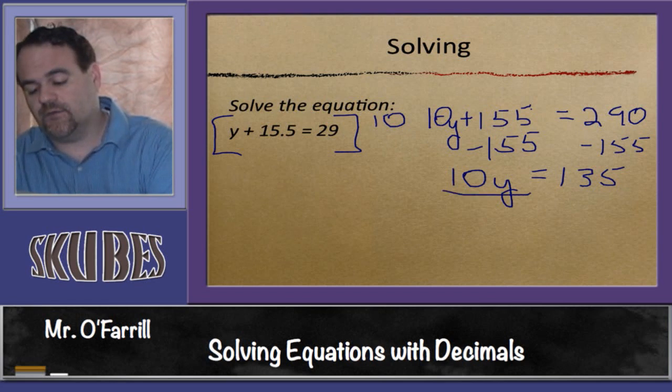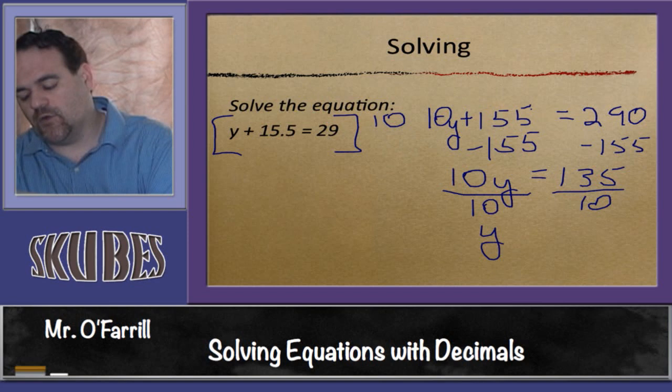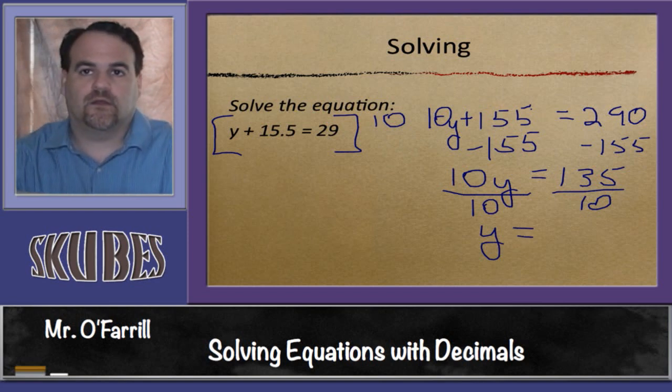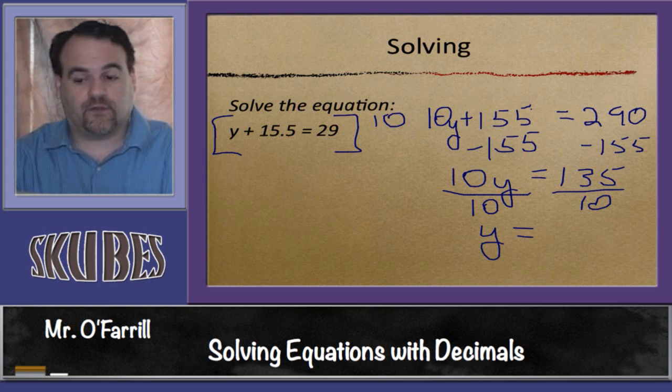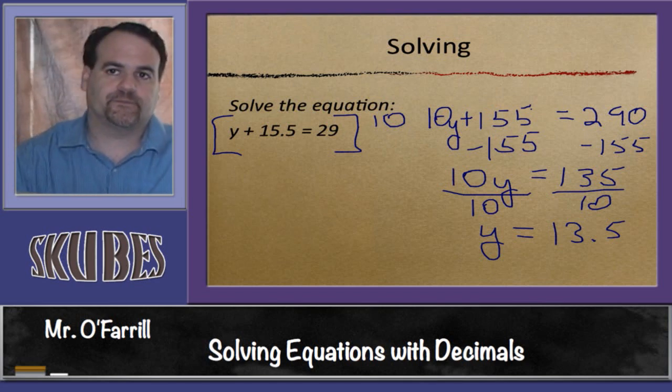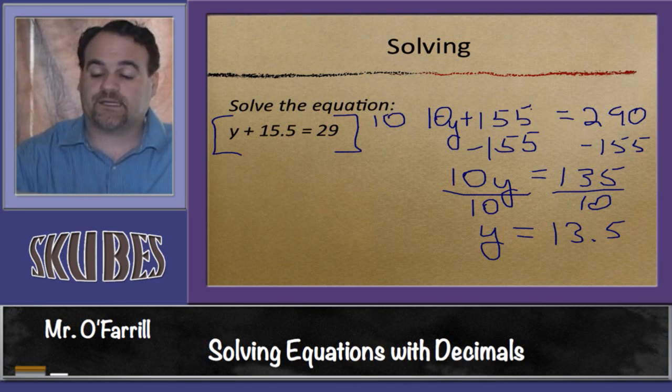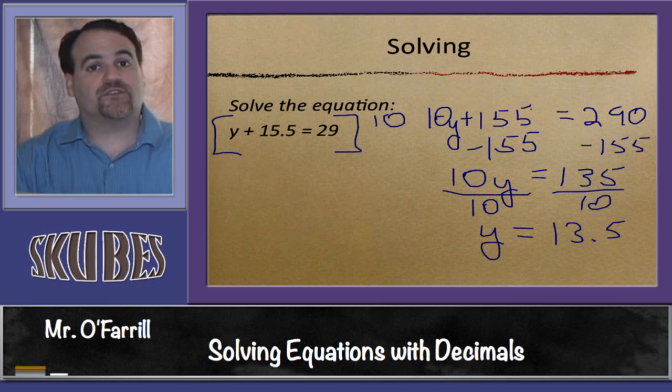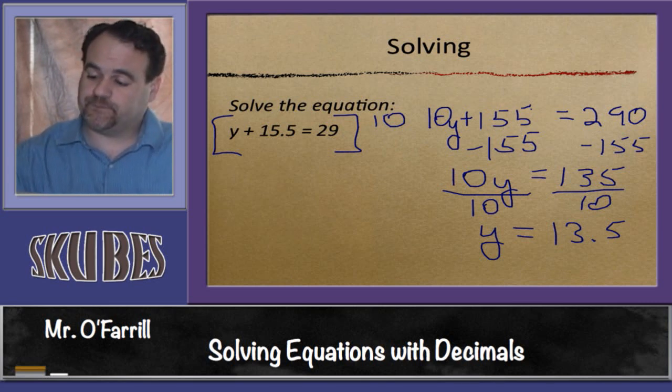So now we're going to need to divide everything by 10. And when you multiply and divide by 10, we're just moving the decimal point either to the left or the right. So the answer in this case is 13.5. And that's how we can solve an equation that has decimals by first getting rid of the decimals.